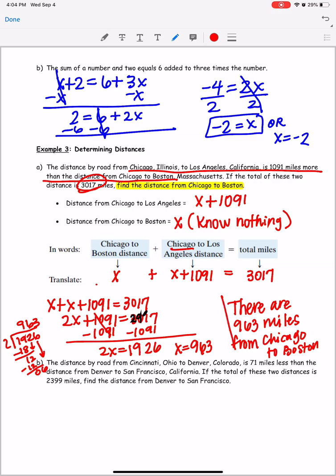This is my final answer. Hey, I don't care that x equals 963. I care about what that x represents and you answering the question in the problem.